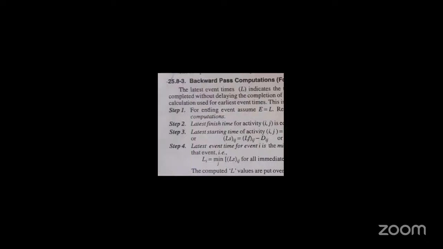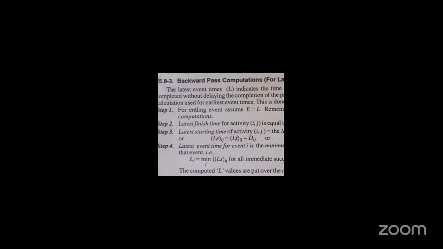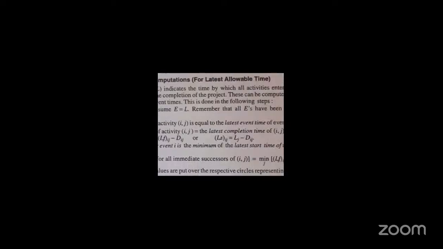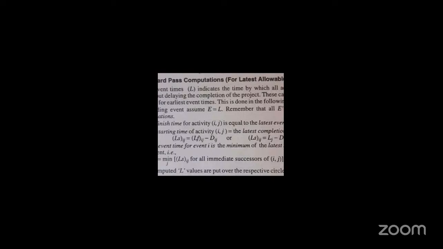Next, the last step: the latest event time for an event is the minimum of the latest start time of all activities originating from that event. It means whenever you move in the backward direction and a junction occurs, say if you reach A, we have two directions. Let us suppose we have D to B, B to A, and D to C, C to A, in reverse order.